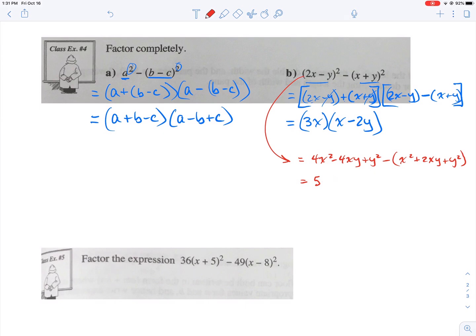It's 3. 3x squared. Then I have minus 6xy, right? You can see why. I'm subtracting this 2xy. And then the y squared minus y squared, gone. So then I've got to take out my common factor, 3x, and say x minus 2y. So that's the same thing, but having to multiply these out, kind of a drag.